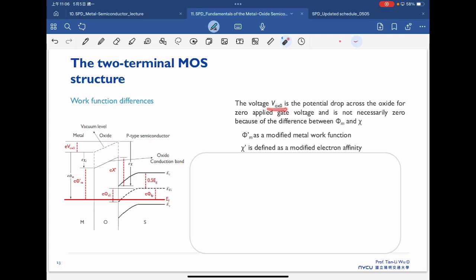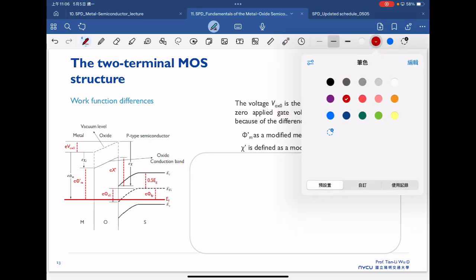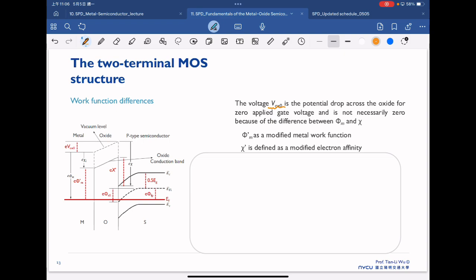And now VOX0 here is the potential drop across the oxide. This is a voltage drop. VOX0 is the potential drop across the oxide for zero applied gate voltage, and it's not necessarily zero because of the difference between the phi n and also the electron affinity.